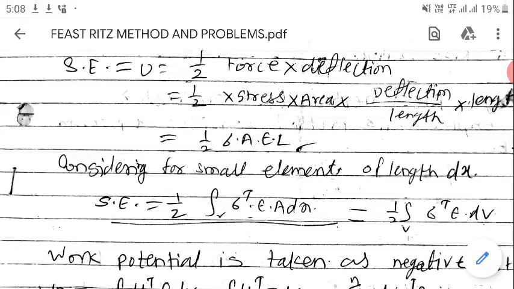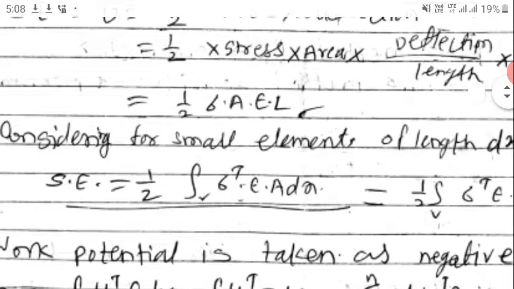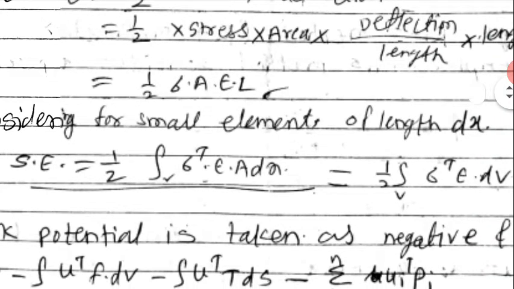Okay, so now we know that area into length, that is A into dx, can be written as dV, that is the change in the volume, or what we can say small volume. So we can write it as half of integration of sigma transpose E into dV.